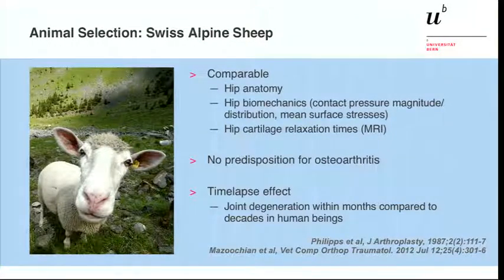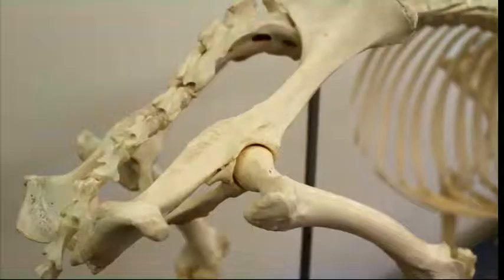In contrast to the dog, they have no natural predisposition for osteoarthritis. And this is the main factor: we have a time-lapse effect, which means we see joint degeneration in sheep within months compared to decades in human beings. So it's really a time machine compared to human beings.